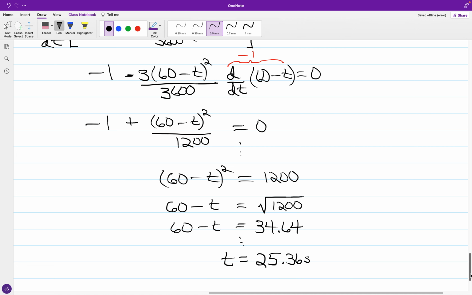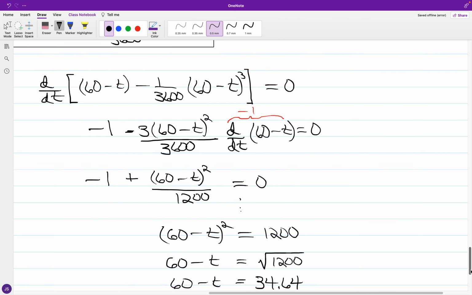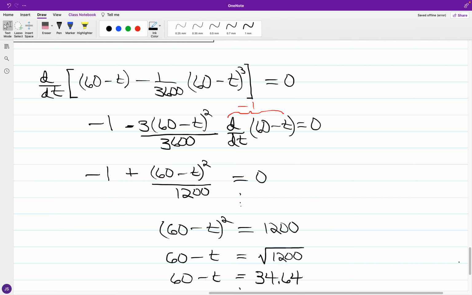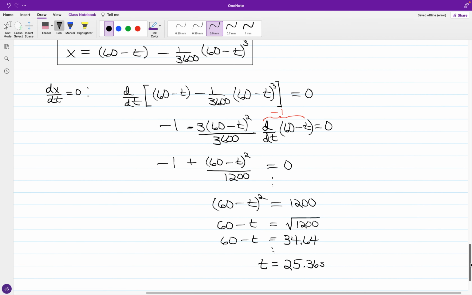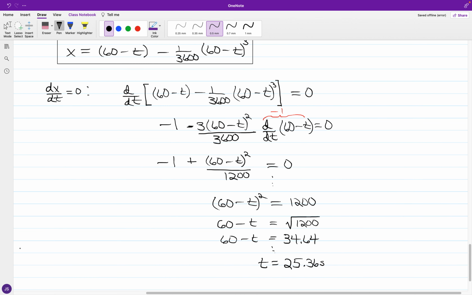So for the maximum concentration, this is going to be at 25.36. So the maximum x is going to be at 25.36 seconds.